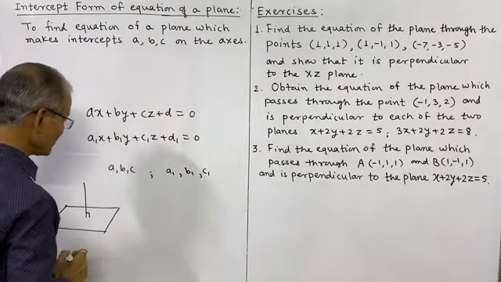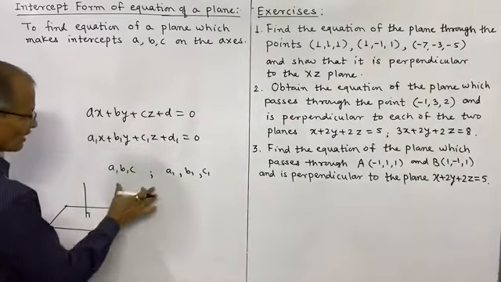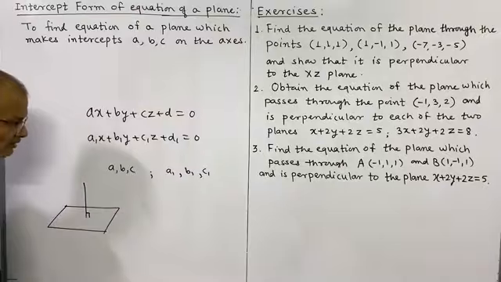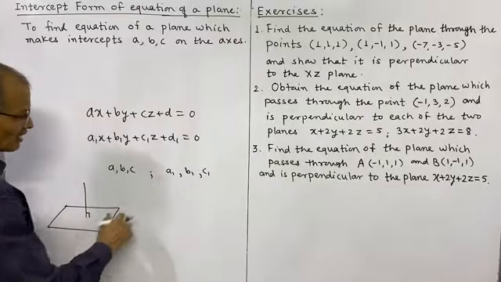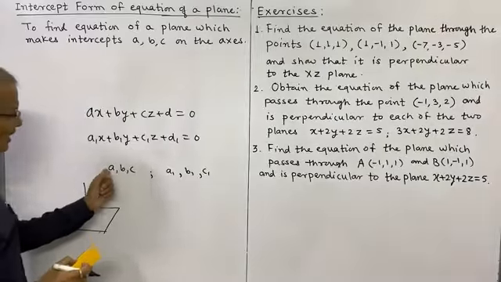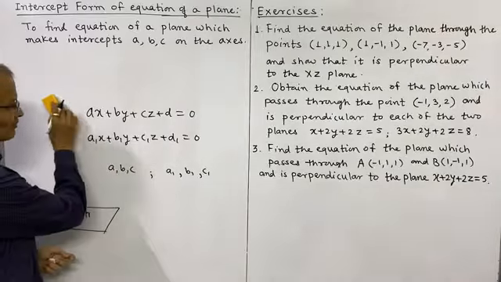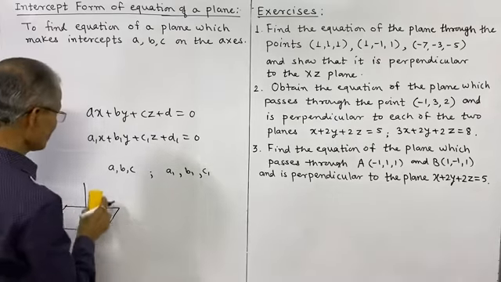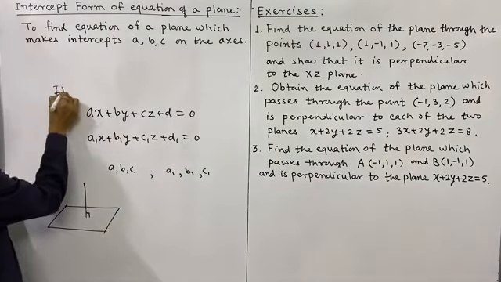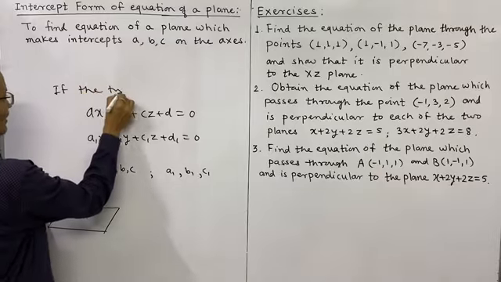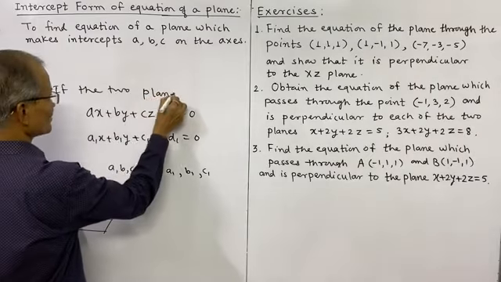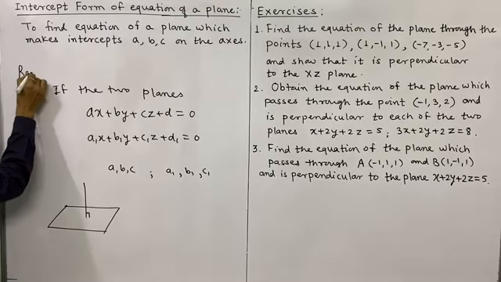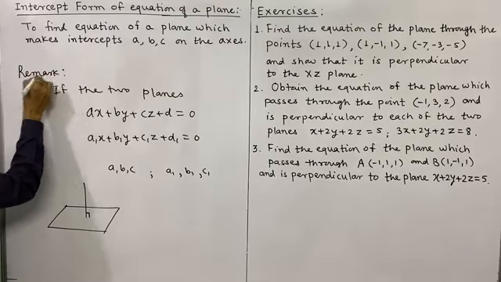And if the two planes are perpendicular, then we know if the two lines with these DRS are perpendicular, then the relation between the DRS will be a into a1 plus b into b1 plus c into c1 is equal to 0. This is the earlier part, we may take this as a remark for the angle between planes.